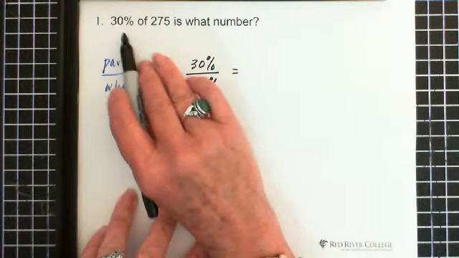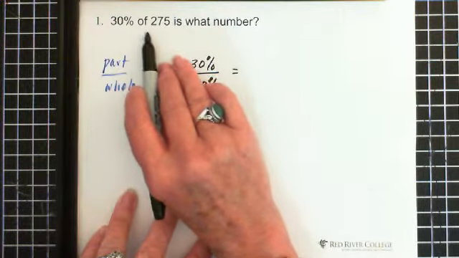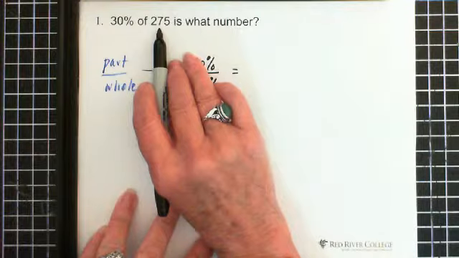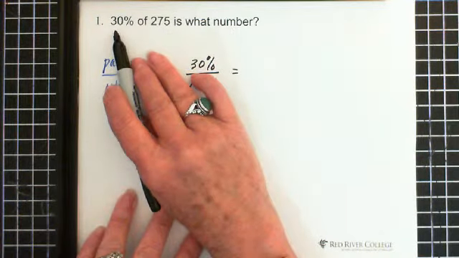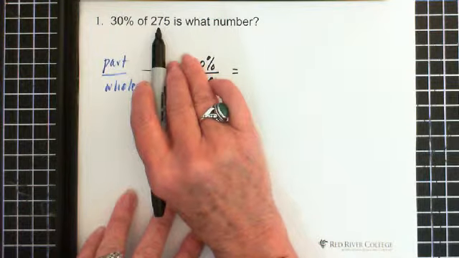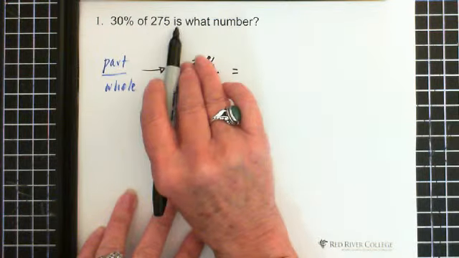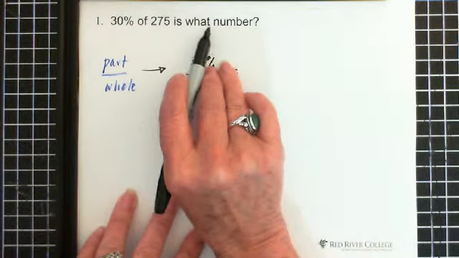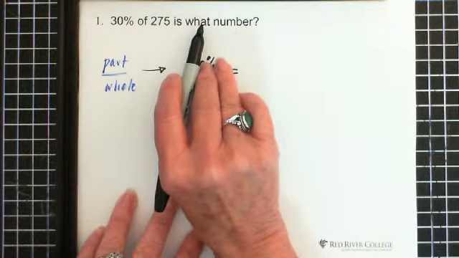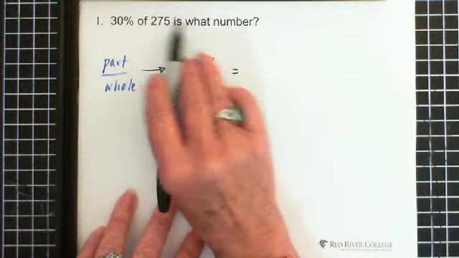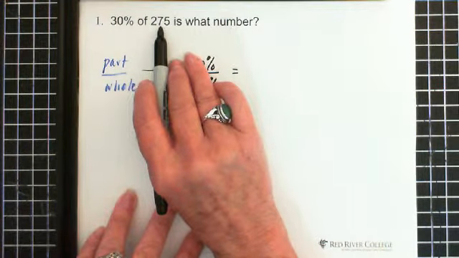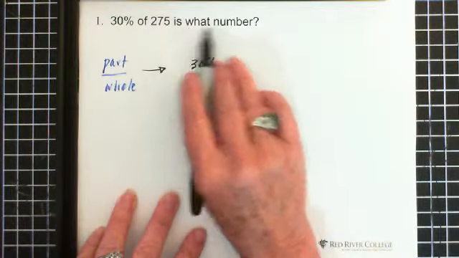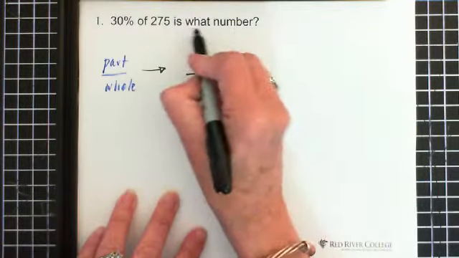So 30% of the orange is what? 30% of the jacket is torn. So it's 30% that's torn, right? So this thing has to be the whole, and the what number is the part, okay?